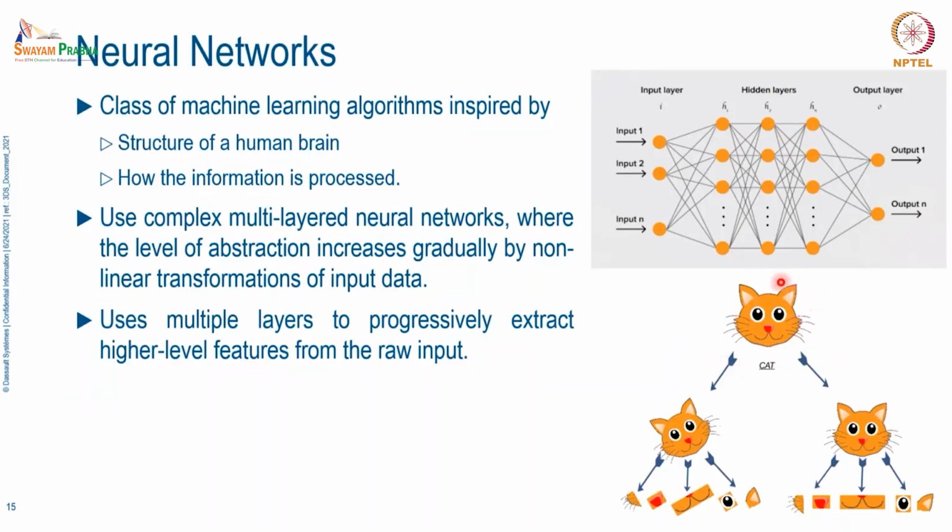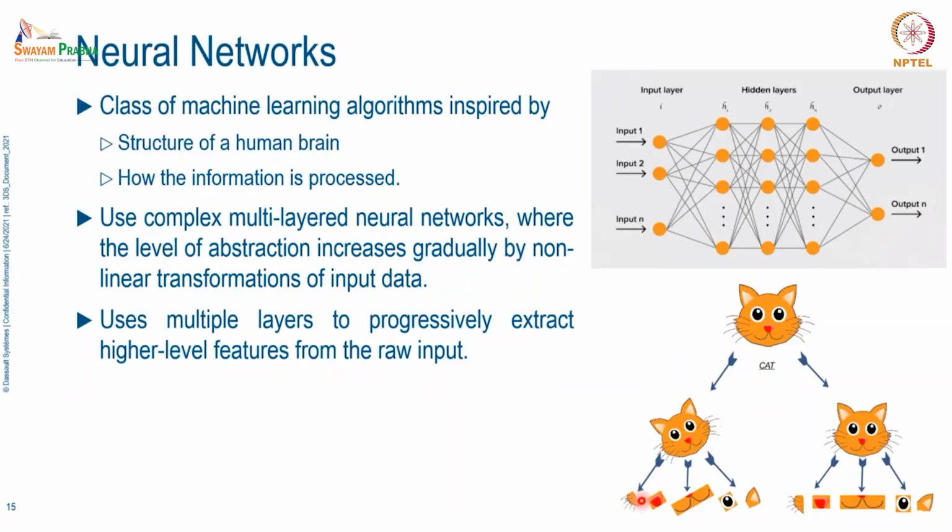But for a machine to learn this, we have to identify various features like it has a nose, two eyes, the ears are of this shape, it has whiskers, and such features are required. And those are developed in the later layers.